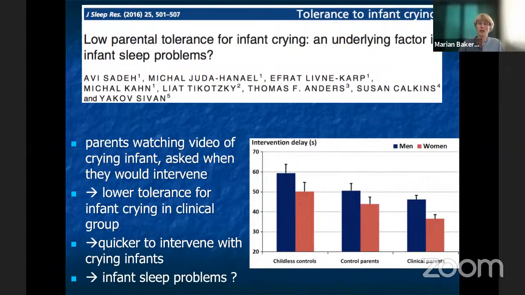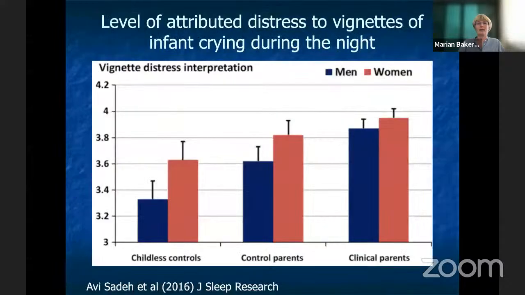And this is not a plea for not reacting to babies, but the best response to infants crying is to respond immediately when there's big distress, big panic, but not too fast when a baby is just settling itself. You also see here that clinical parents tended to attribute more distress to the crying infants compared to the parents in both control groups.